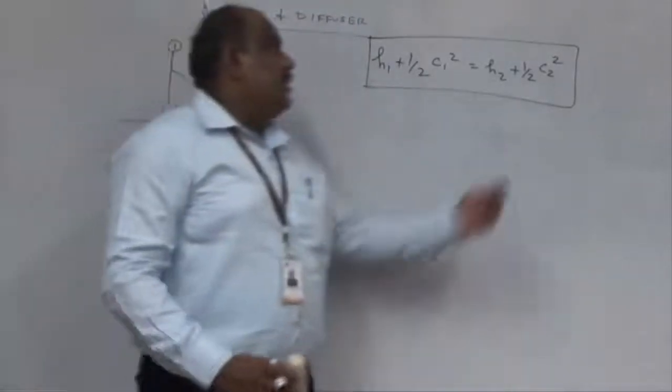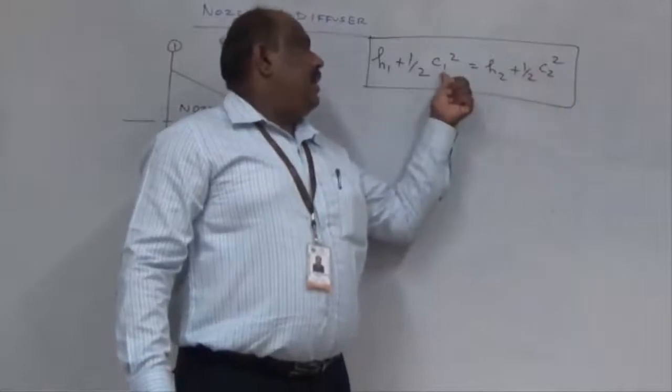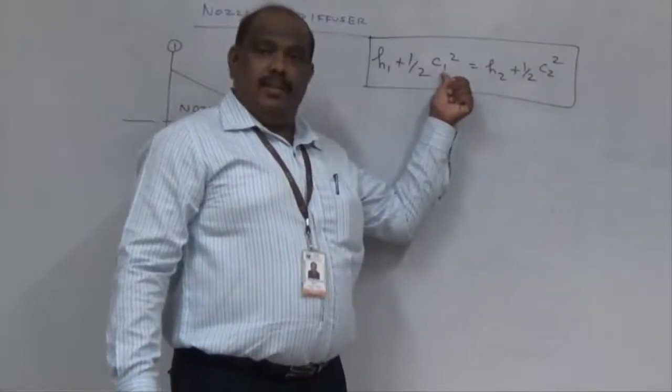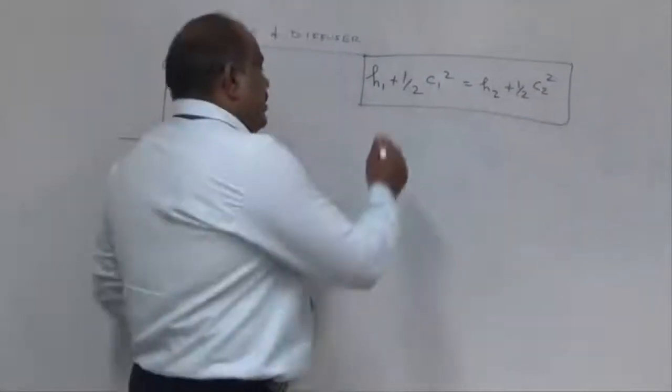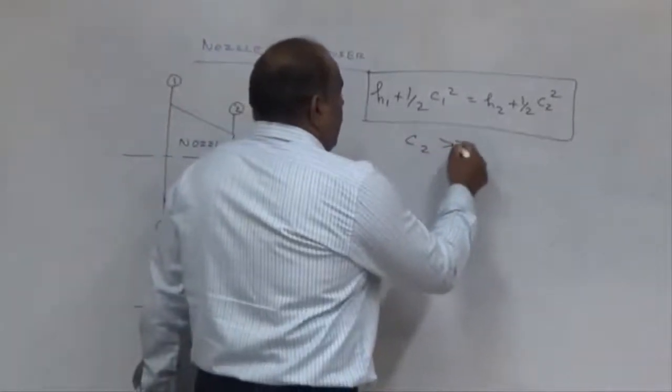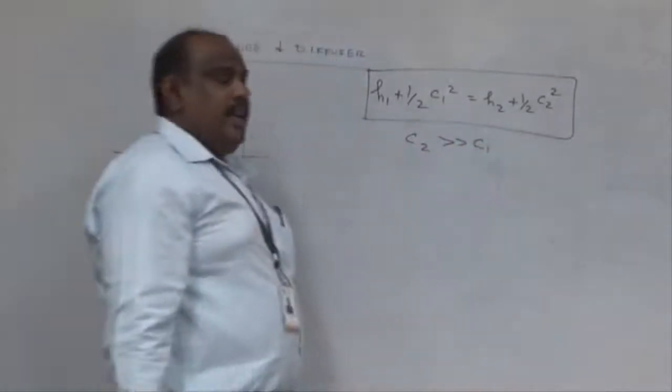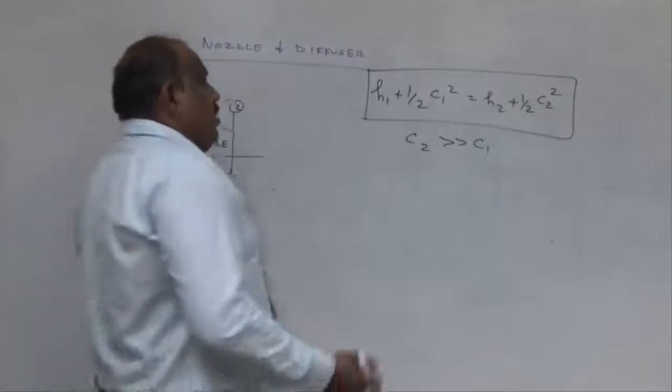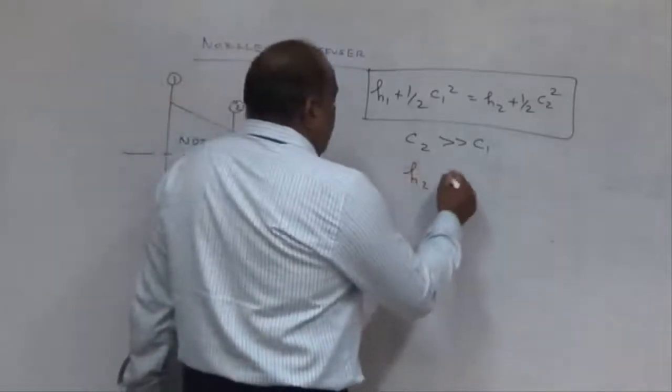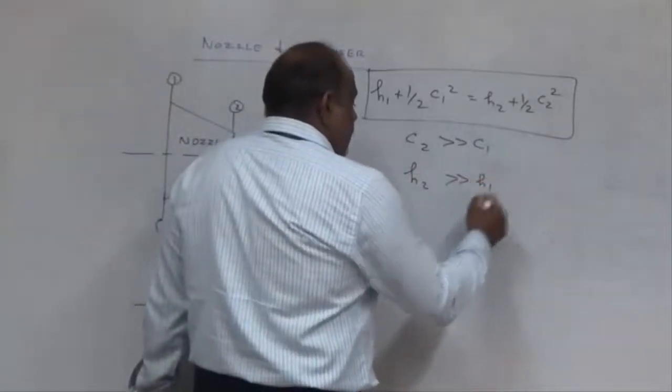In the case of a nozzle, C2 will be higher than C1. In the case of a diffuser, H2 will become greater than H1. What is H2?